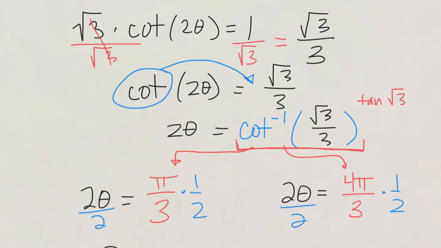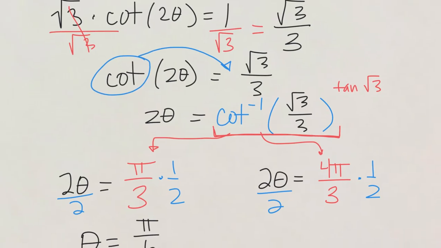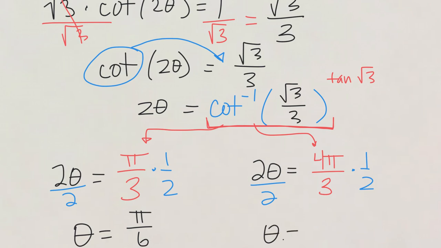So our first angle is at pi over 6. And our second angle is at 2 pi over 3, because 4 pi over 6 reduces. 4 divided by 6 reduces to 2 pi over 3.